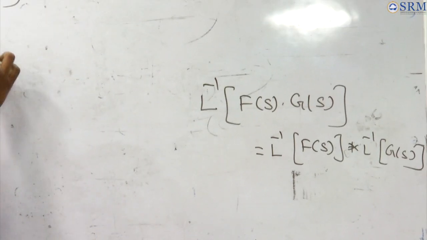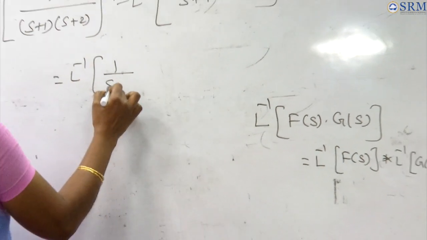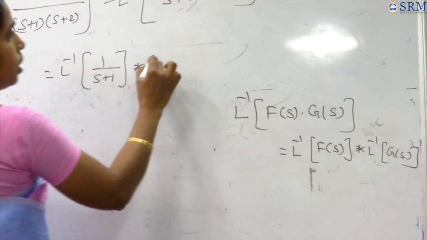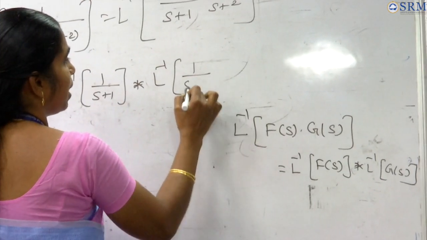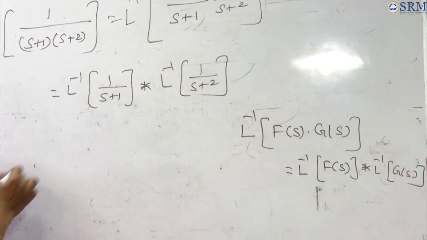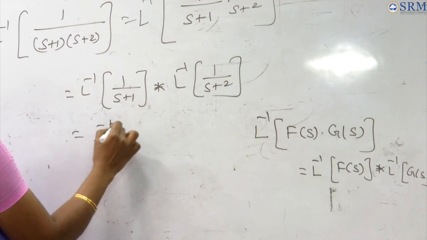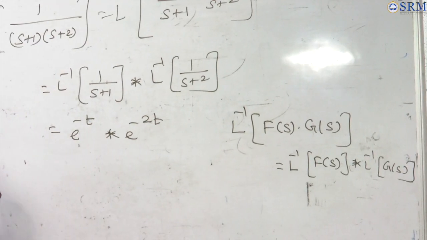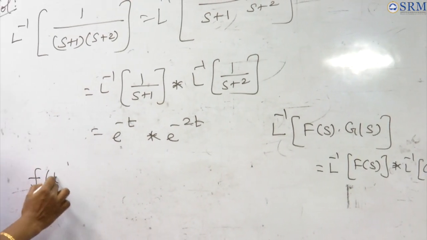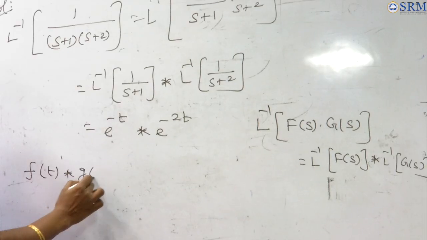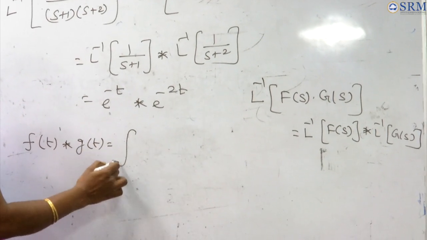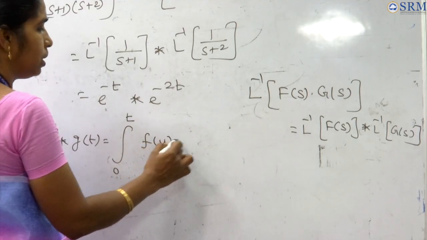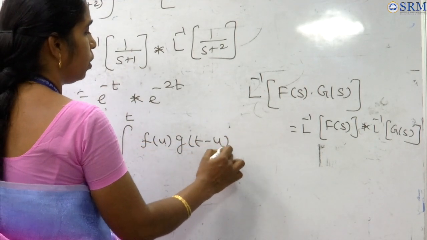That is equal to L inverse of 1 by s plus 1 star, that star is indicating convolution, L inverse of 1 divided by s plus 2. So this is equal to e power of minus t star e power of minus 2t. The convolution definition is: f of t star g of t is equal to integral from 0 to t of f of u g of t minus u du.